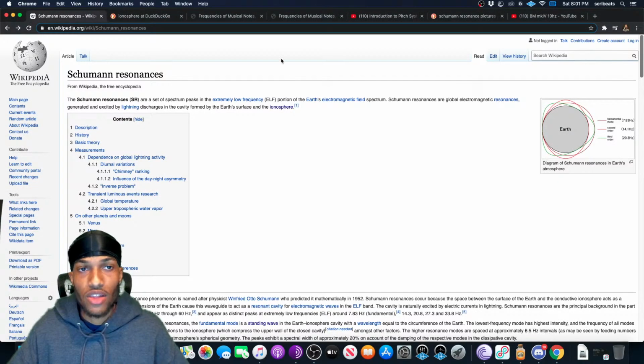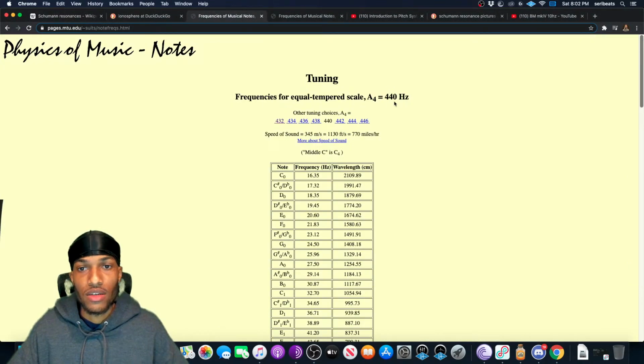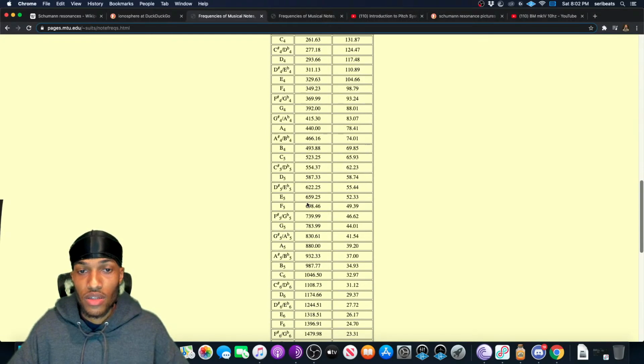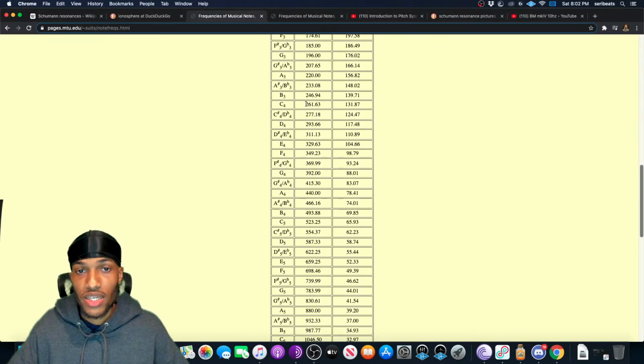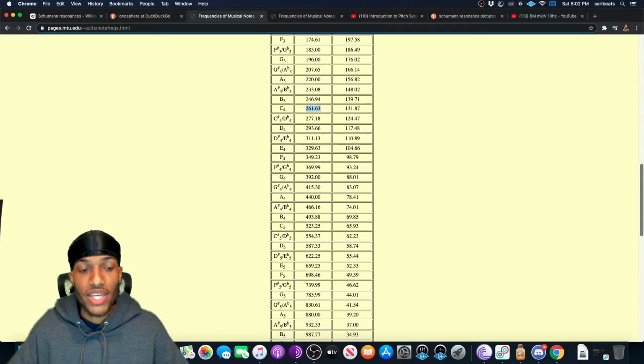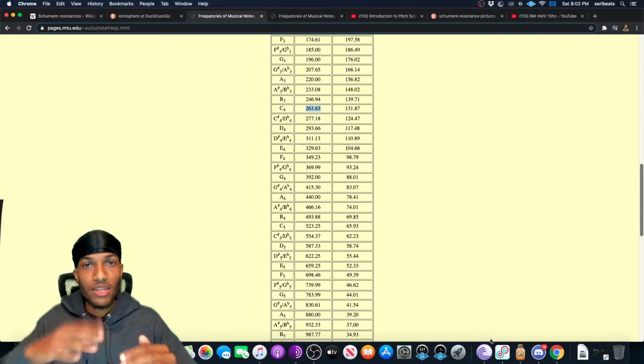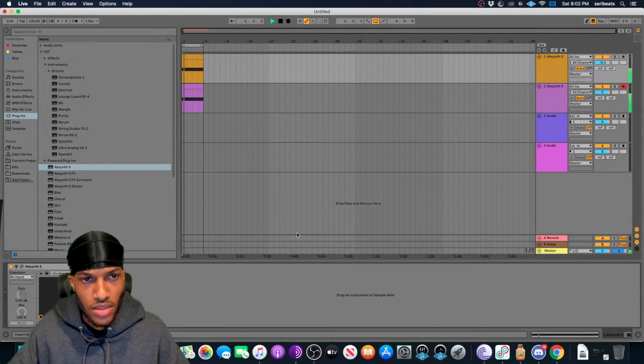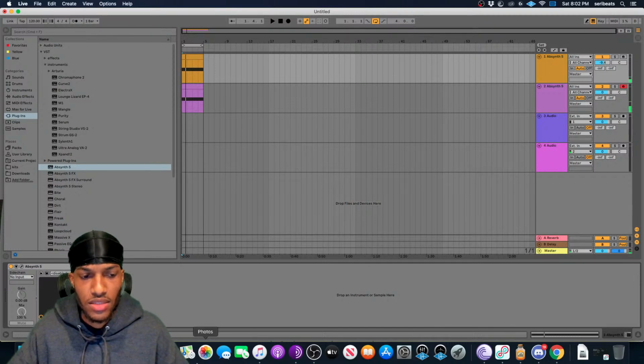So if I look at the 440 hertz, what we're actually playing is 261.63. So it's off by like 11 hertz, 11 times per second. It's going 11 times per second faster, and it's creating dissonance.